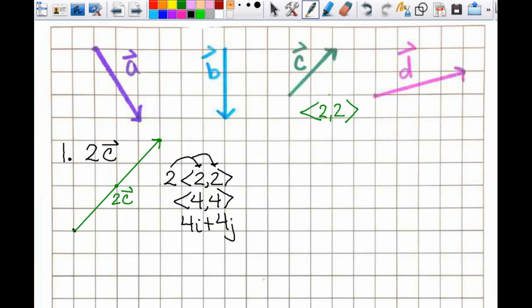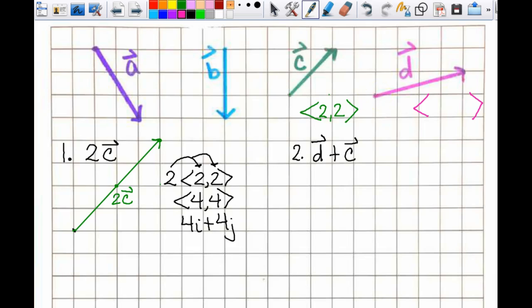Pretty basic there. All right, so for our second one, we are going to do D plus C. So for D, let's go ahead and get the component form of the vector. What would that be? You have to pretend like I actually hit the points.